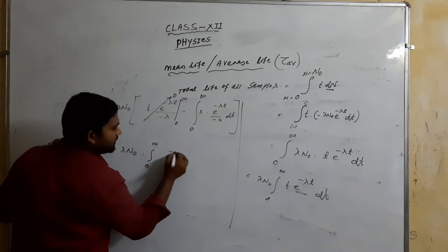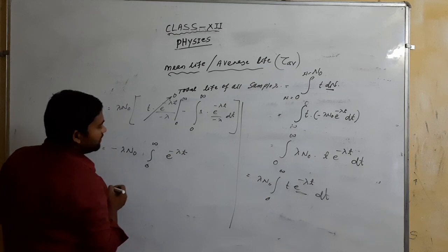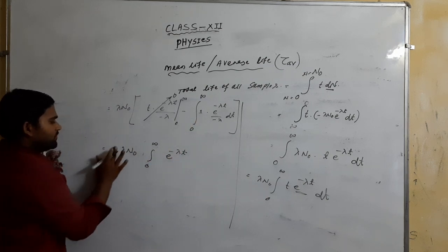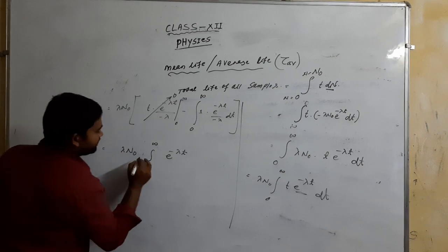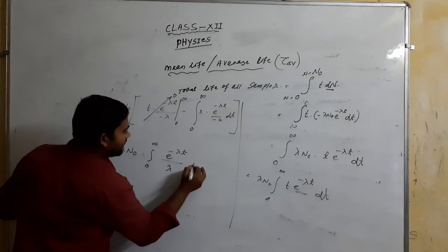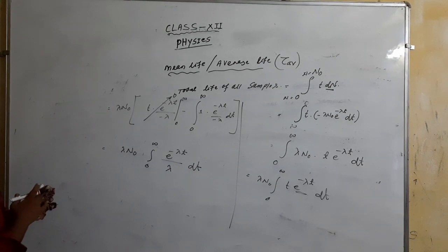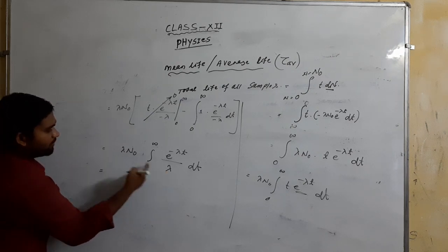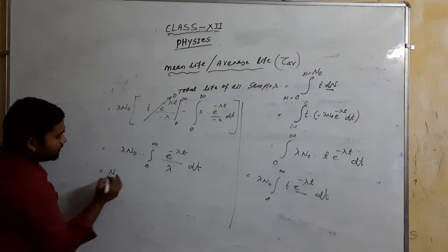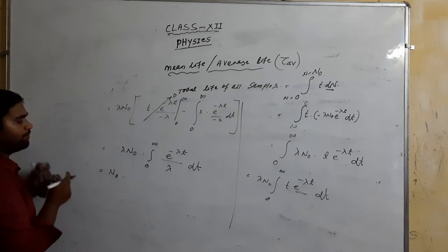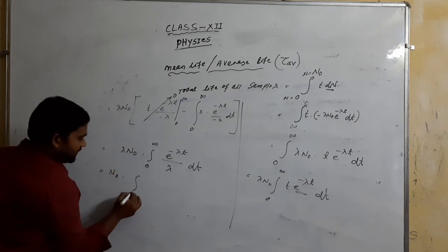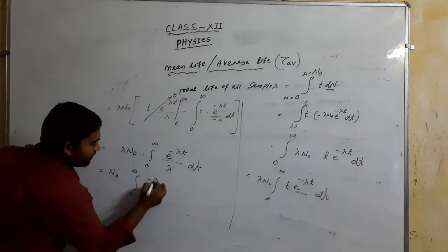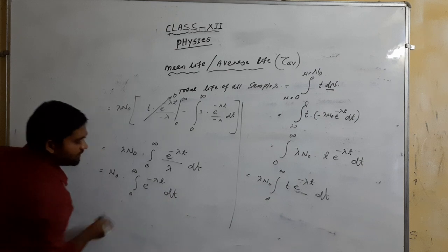There is a negative sign, and negative and negative make plus. Lambda and lambda, the constant terms, cancel, leaving n0 into the integration from 0 to infinity of e to the power minus lambda t dt.